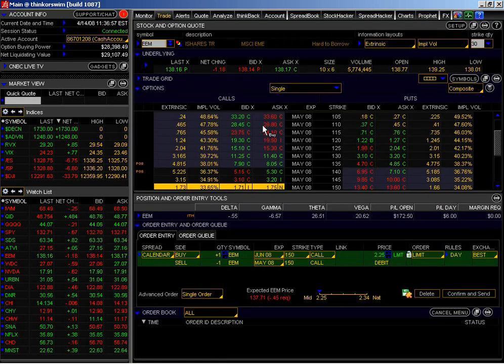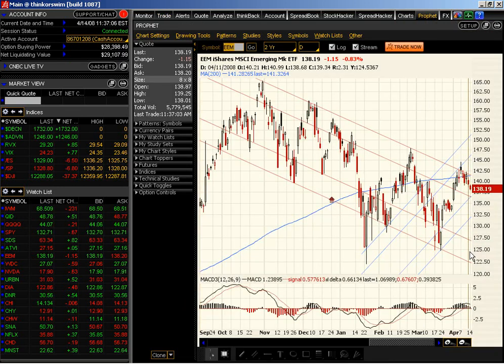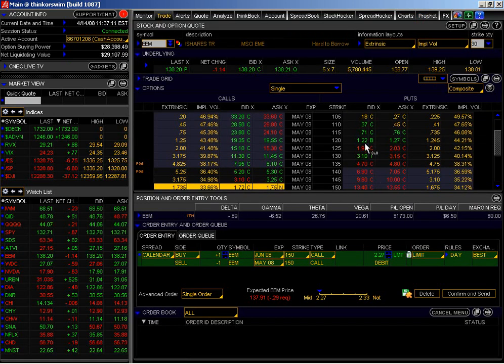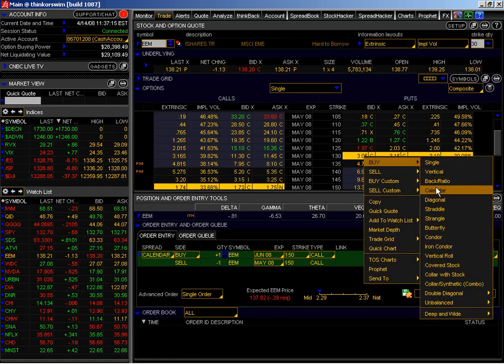If we can hit 130 at a decent price, let's do 130. We might even be able to get the 125s, which would give us even more downward protection. So if we can hit 125, that might be okay too. But let's try the 130s and see what the graph looks like.